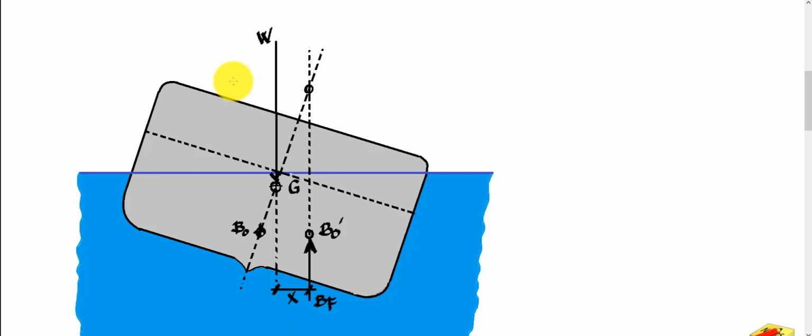Then we have the point here that we call M. That is the metacenter, the point of intersection between the line of action of the buoyant force and the axis of the body.